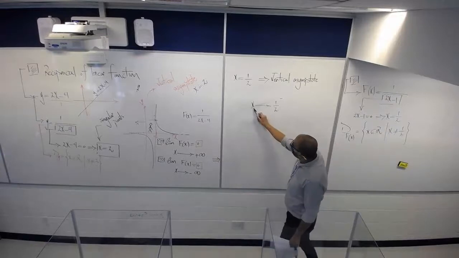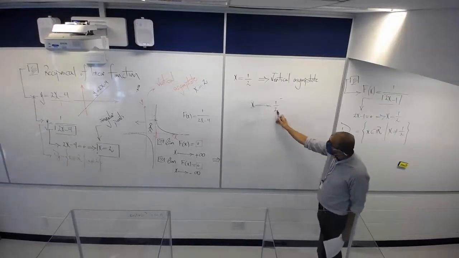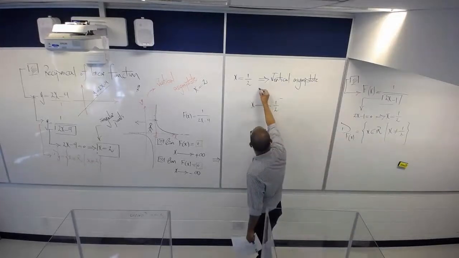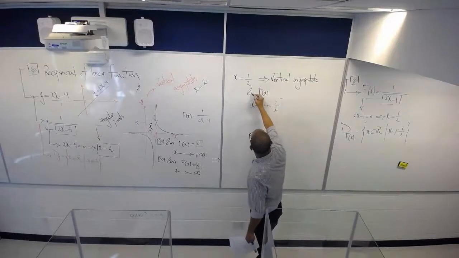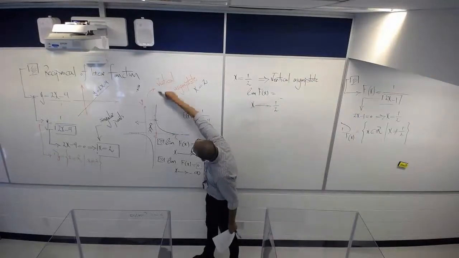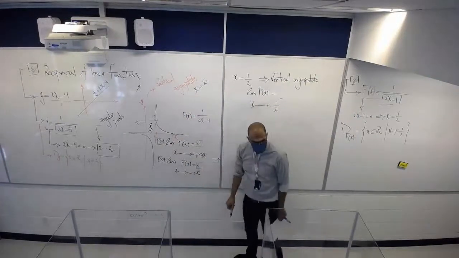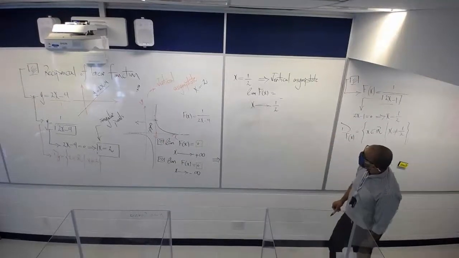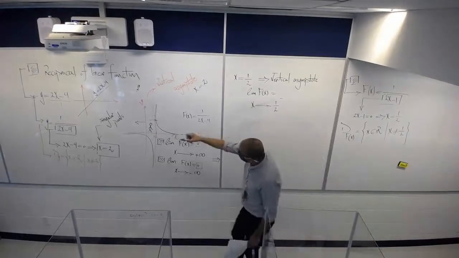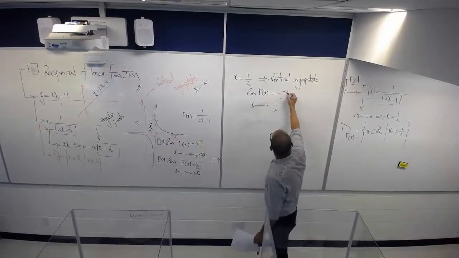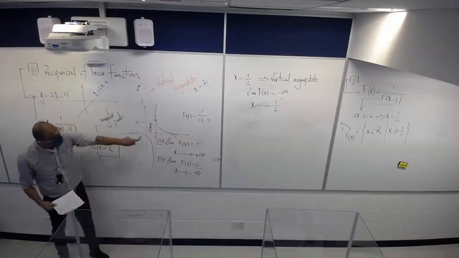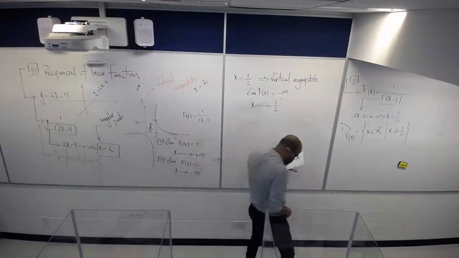Then, if x is going to 1 over 2 from the left, then f of x, I put a limit there, becomes what? f of x jumps all the way to infinity or minus infinity. From 1 over 2, if you get close to this, it goes to minus infinity. Why? Because imagine if the plot resembles something like this, but it's going to be 1 over 2. Let me plot it here.